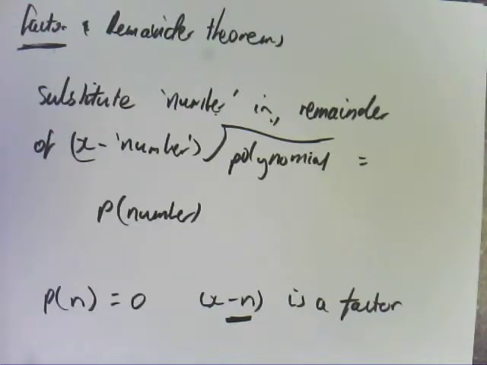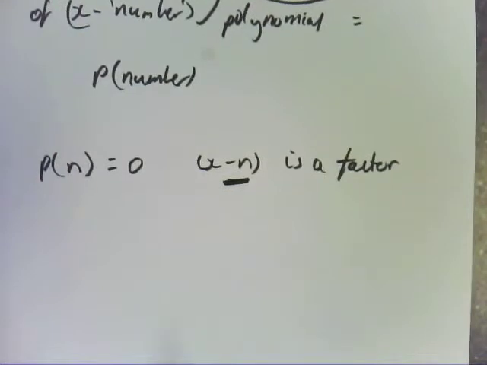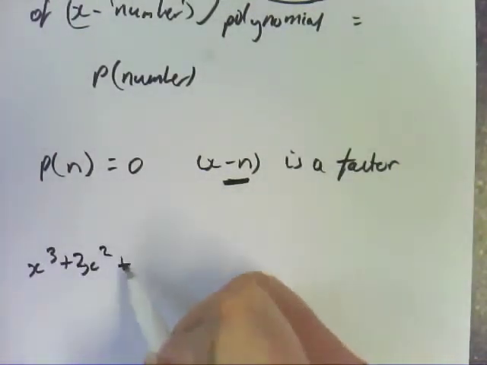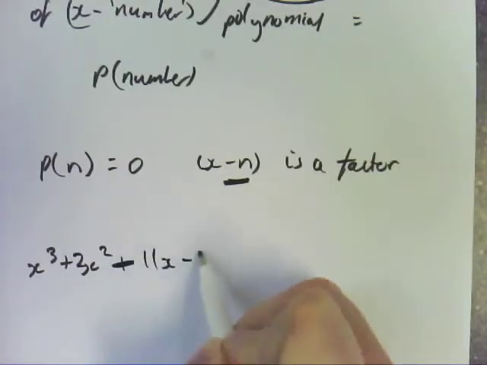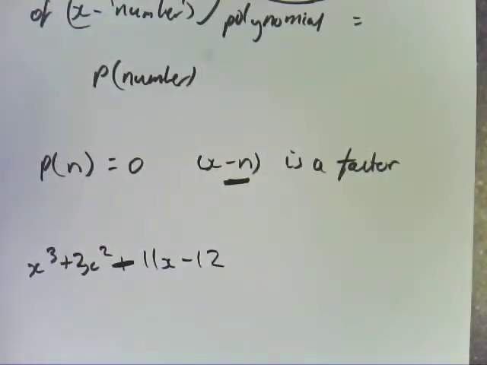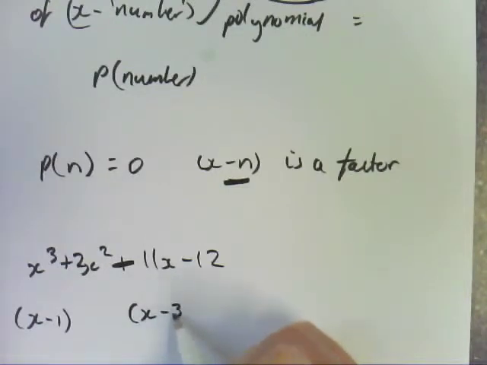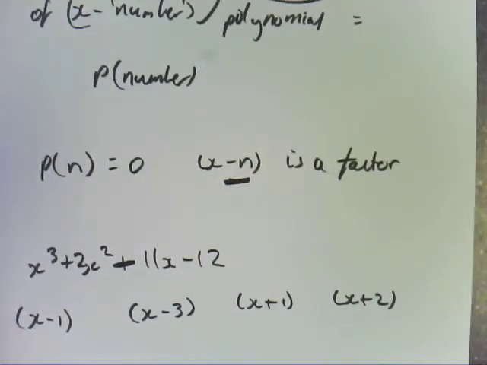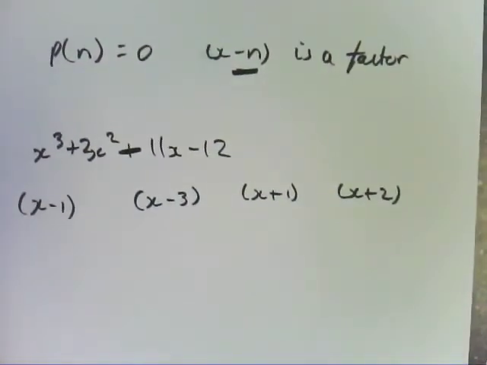So for example, if we have a look at question 4, we've got a polynomial, I have to shift that up, we've got a polynomial x cubed plus 2x squared minus 11x minus 12, and we're asked to find out which of the following are factors. We've got x minus 1, x minus 3, x plus 1, and x plus 2. There are 4 questions. So, how do we work out which ones of them are factors?